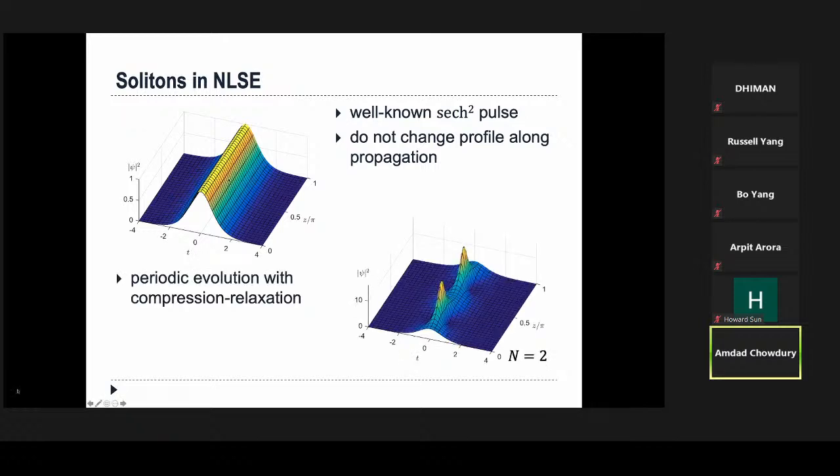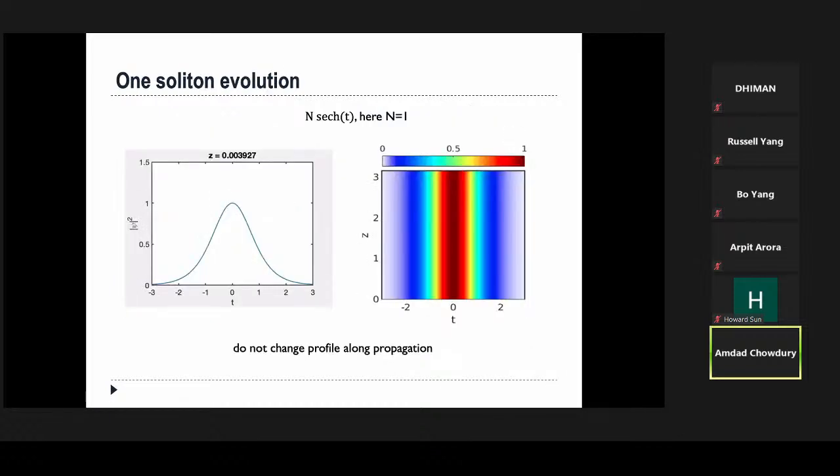If two of these fundamental solutions move together, they periodically move along the propagation, with compression and relaxation in this way. I made a bit of a simulation. This is the first order solution, where Z is the direction of propagation. As you can see, it does not change its shape while propagating.